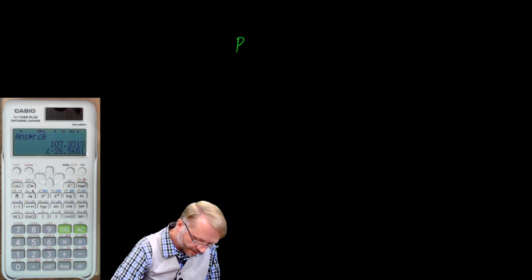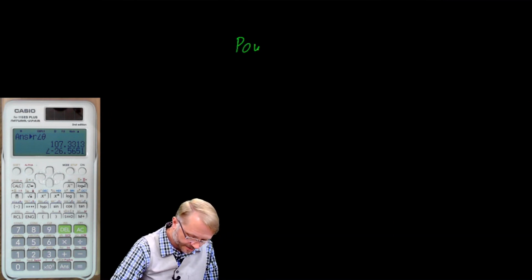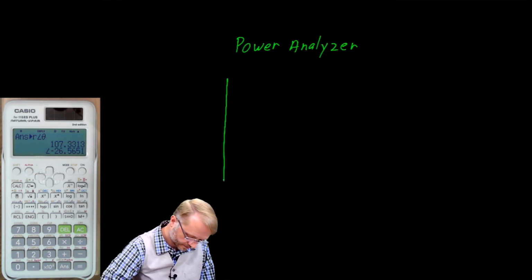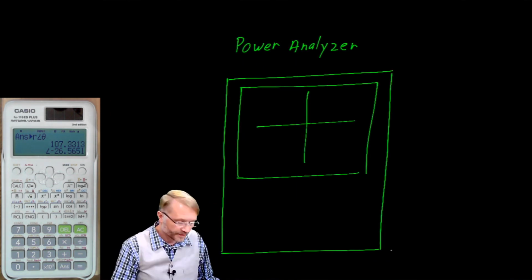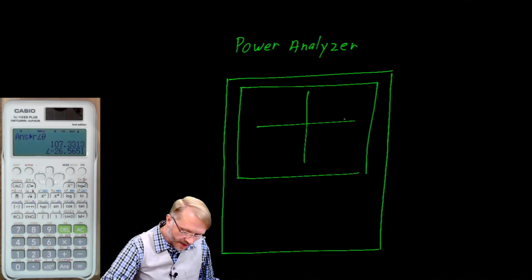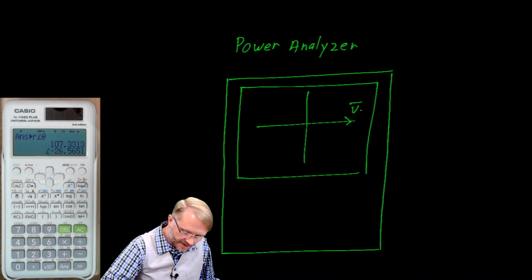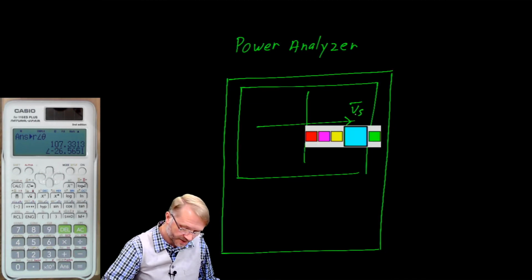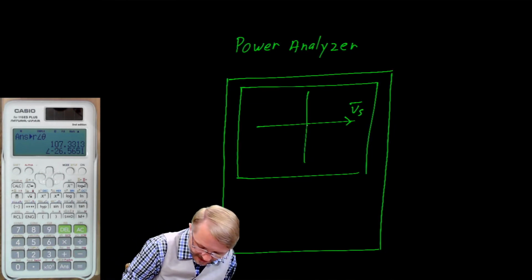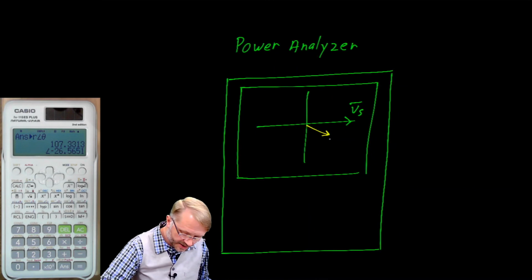There's one thing I forgot to tell you. You could purchase a power analyzer. This instrument will show you the phasors in exactly the same way as we've shown them in this lecture. For example, there is your source voltage, and this vector here might be one of your current vectors.